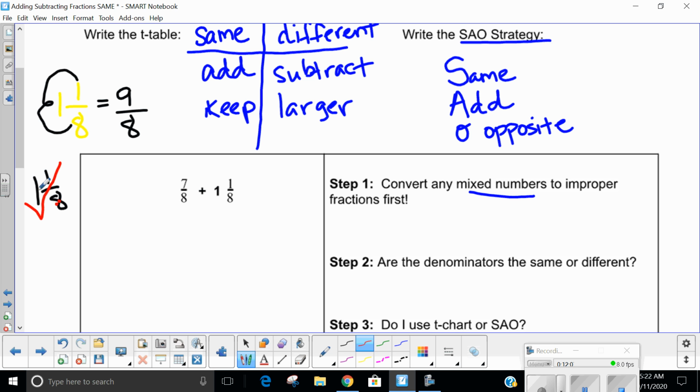So 8 times 1 is 8, plus 1 is 9, and that's going to give you 9/8. So either way you look at it, it's still going to give you 9/8. So if we rewrite our problem, we have 7/8 plus 9/8. Now we ask ourselves, are the denominators the same or different? And here they're the same, so that makes it really easy for us.